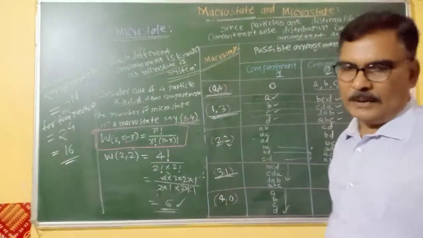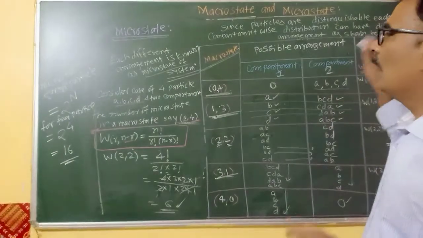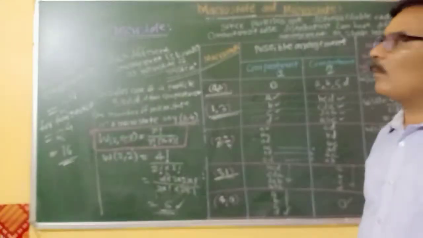Firstly, we have to consider how many particles we have? 4 number of particles.